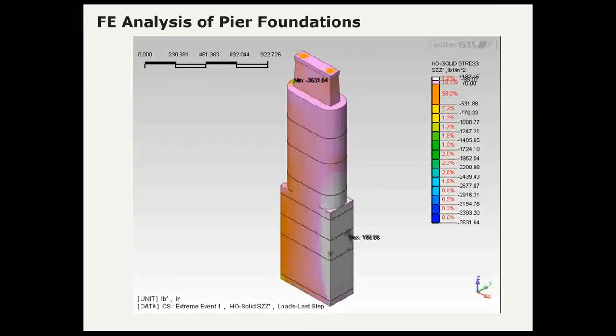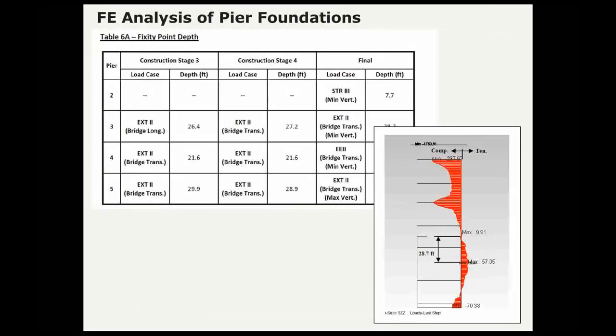So we used this output to determine how deep we needed to install that reinforcement into the caisson. And we also used the output to locate a fixity point for the pier foundation.